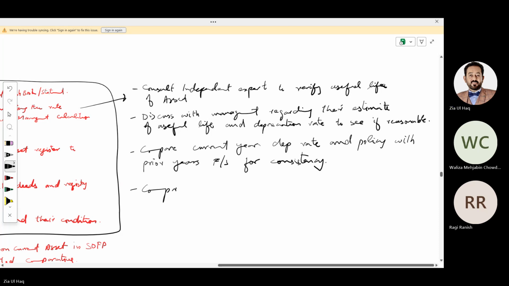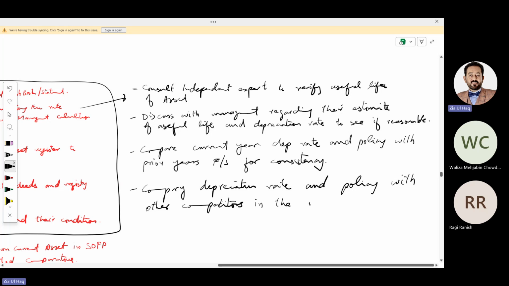Compare depreciation rate and policy with other competitors in the industry, in financial statements, for consistency.